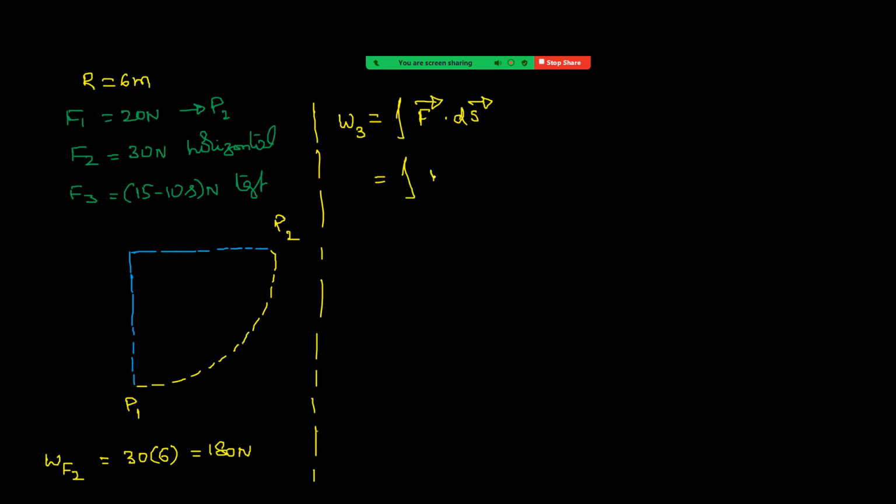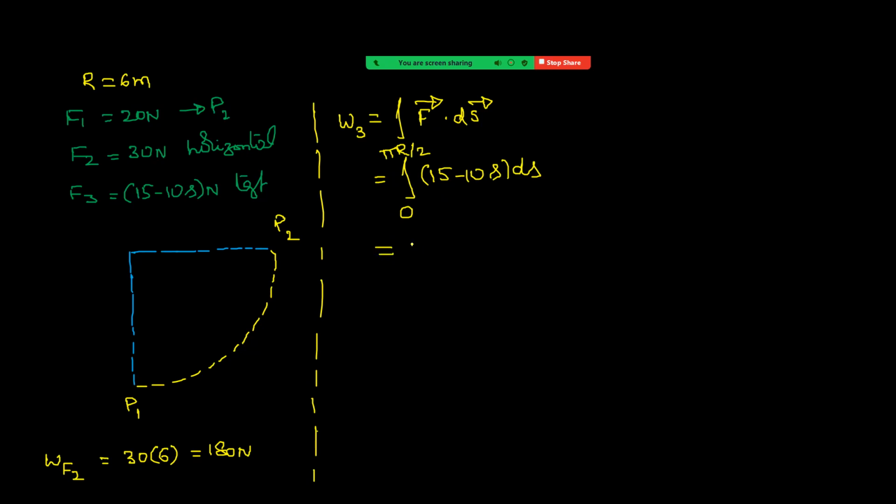So the integral of (15 minus 10s) ds, with limits: the distance traveled goes from 0 to the length of the path. That is the arc length, which equals pi r by 2. So it is now 0 to pi r by 2.